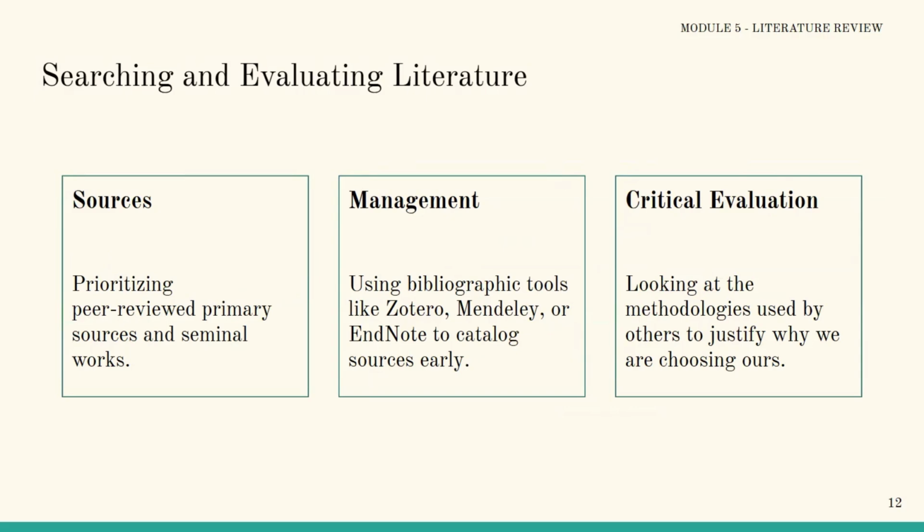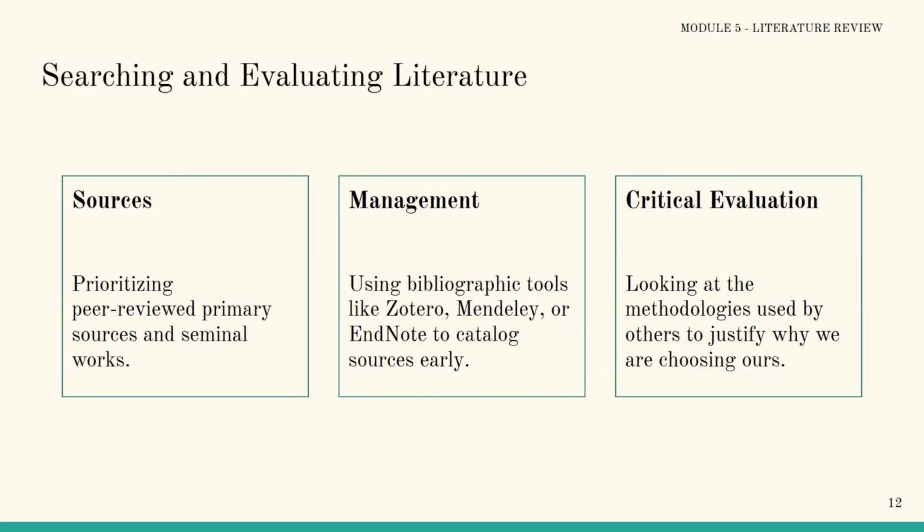So, how will we search and evaluate the literature? First, the source. There is a saying that if we input garbage, the output will definitely be garbage. So, for sources, we need to find peer-reviewed primary sources and seminal works.